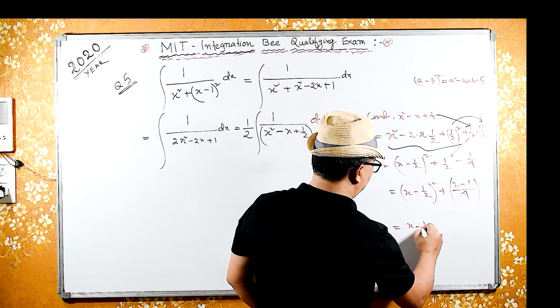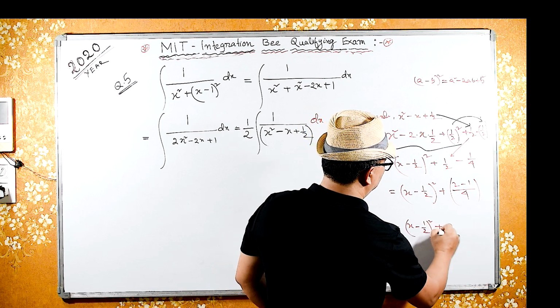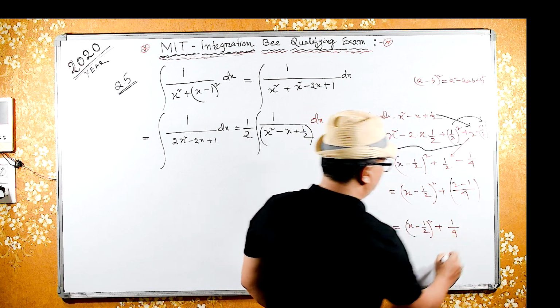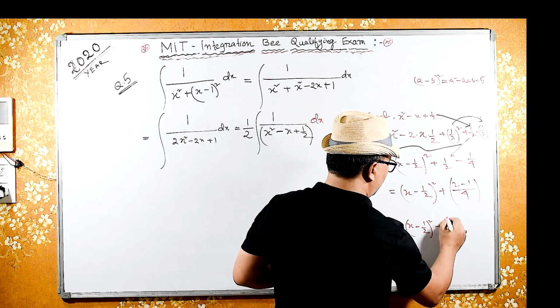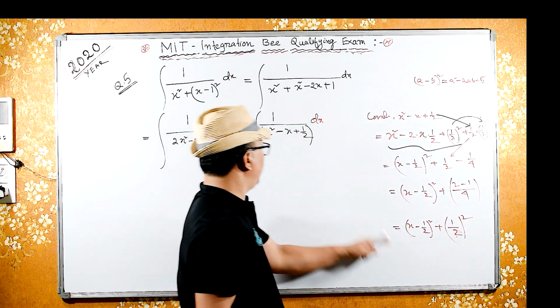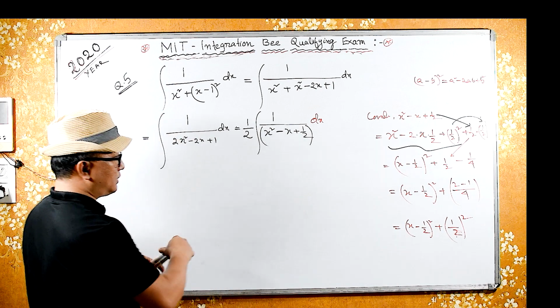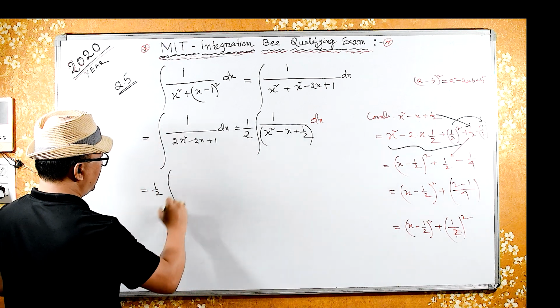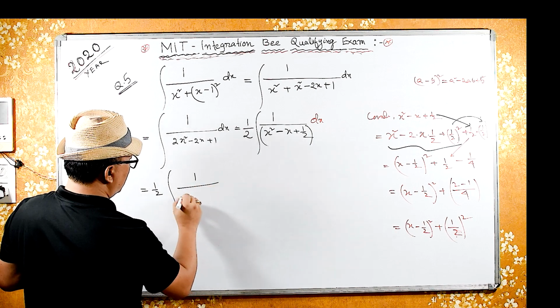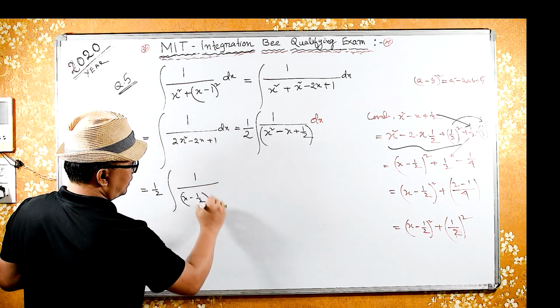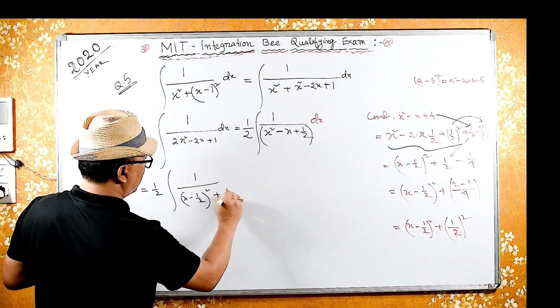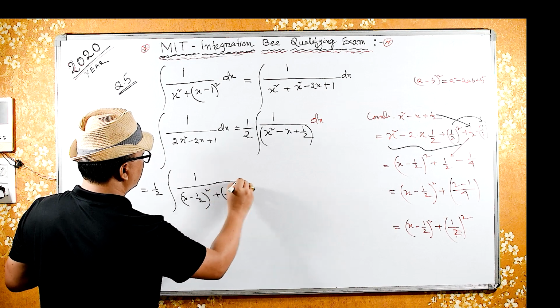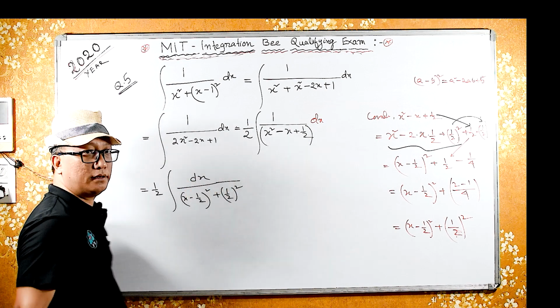Therefore, x minus 1 by 2 the whole square plus here 1 by 4. 1 by 4 is the same as 1 by 2 the whole square. Now, instead of this, I can write like this: half outside, 1 upon x minus half the whole square plus 1 by 2 the whole square, into dx.